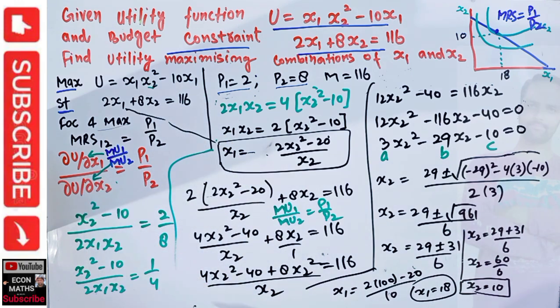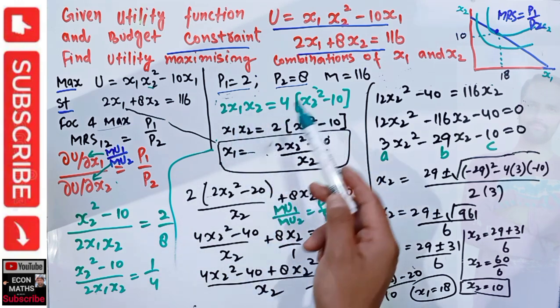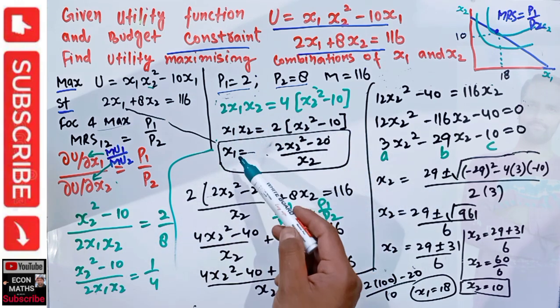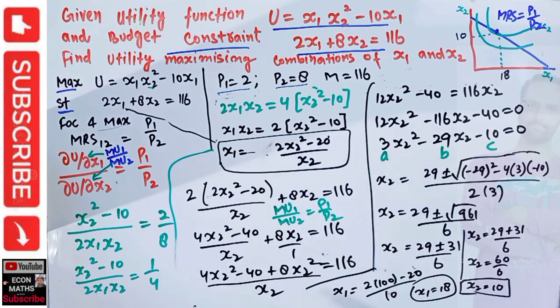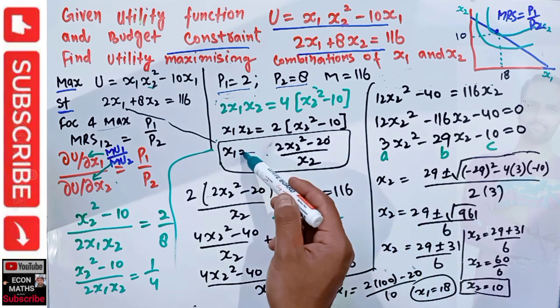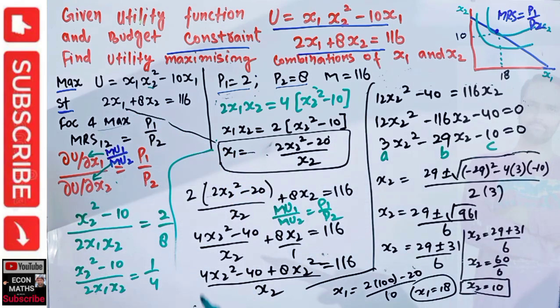Solving it for x1, x1 will be equal to (2x2 squared minus 20) divided by x2.